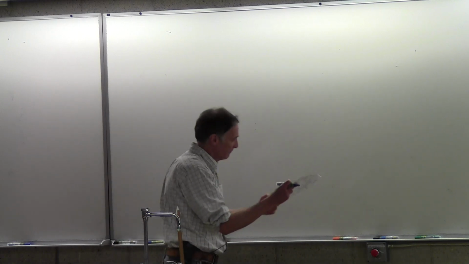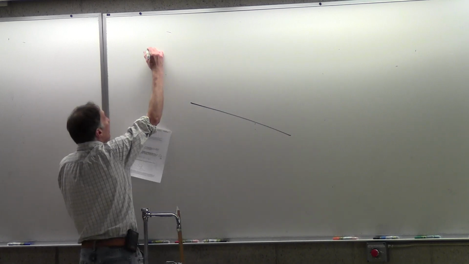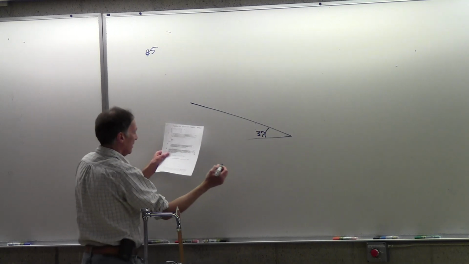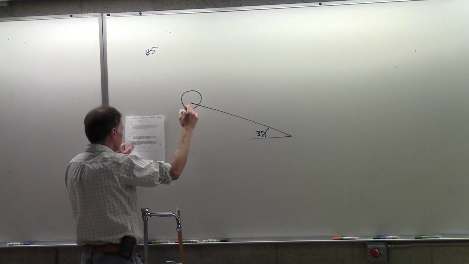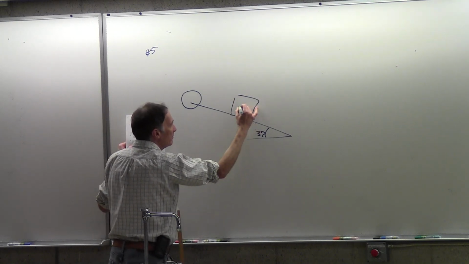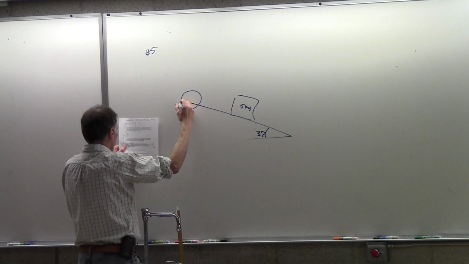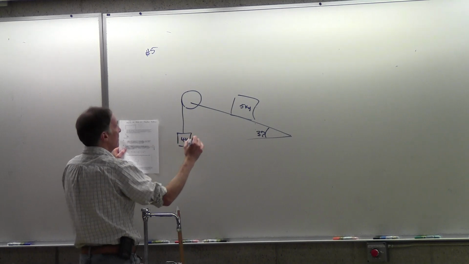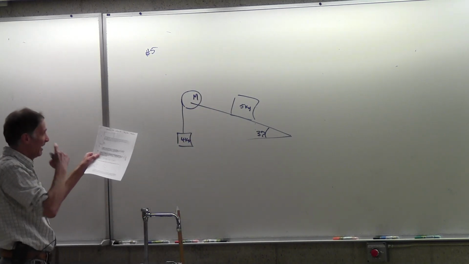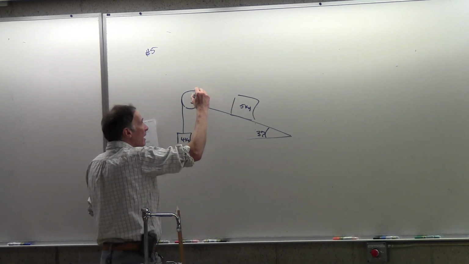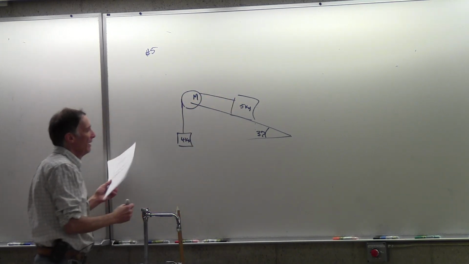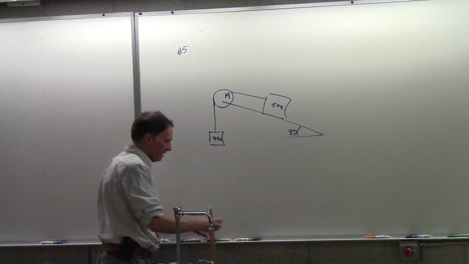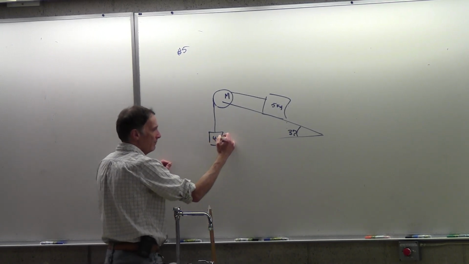This number 5, we've got a 37 degree incline, and we've got this big pulley here, and we got this 5 kilogram mass, and we got a hanging mass here. And let's just call this M, and it's got some kind of radius that's going to be attached. And we can go ahead and look at forces. We could do separate free body diagrams, but with the colors, I think I can kind of fake it and you won't get too confused.